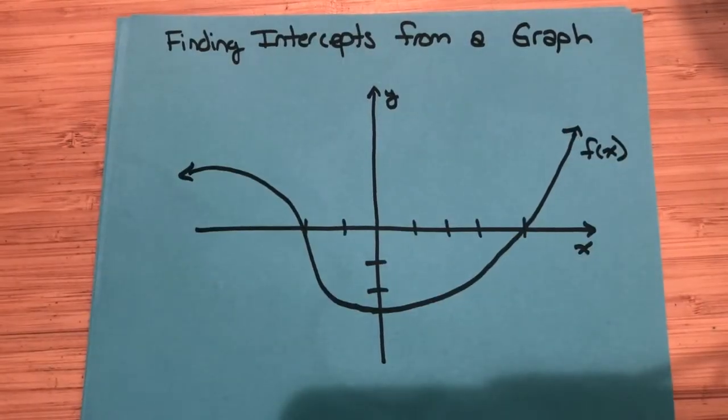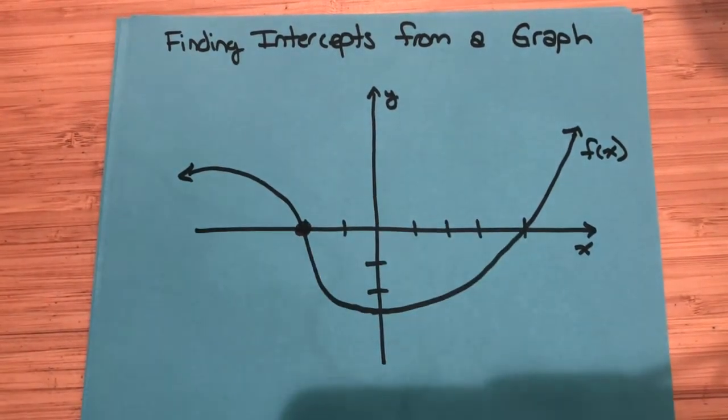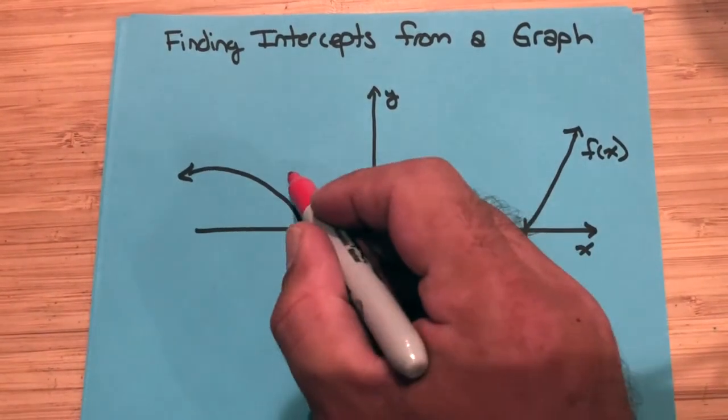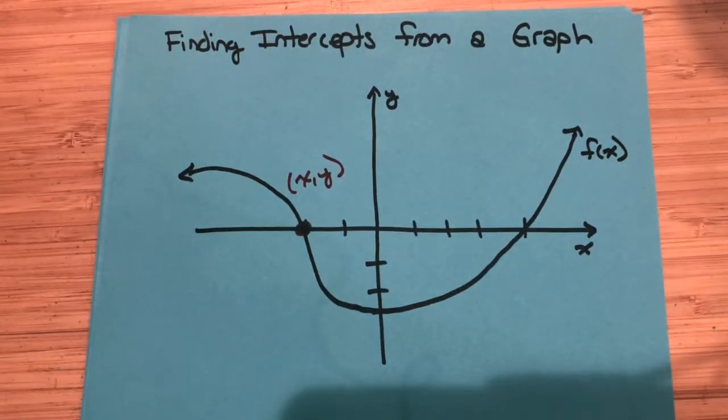So the first way that we're going to look at finding intercepts is just simply by finding intercepts from a graph. Here I have some generic graph of an f of x, and I'd like you to notice a few things about this graph. The first thing I want you to notice is this point right here. So we know that this point has some x and some y value associated with it.